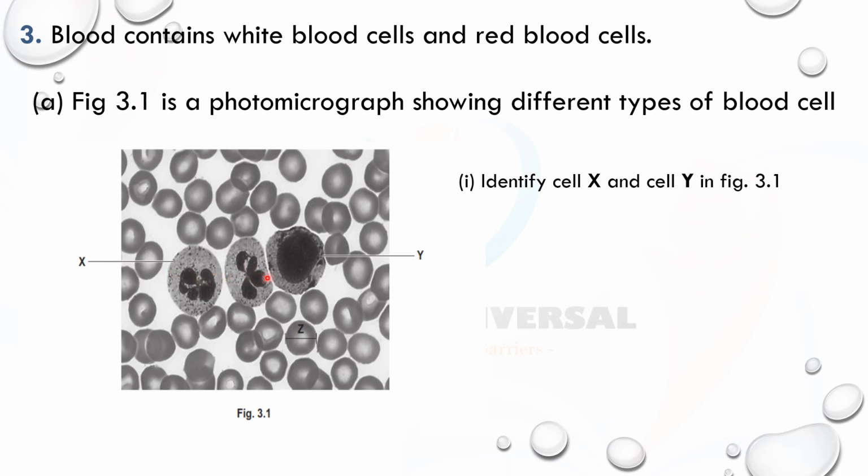Now, if you look at Y, it looks like a monocyte. The mature one is called macrophage. Why? Number one is that the nucleus is kidney shaped or bean shaped. Now, it could be confusing. This macrophage or monocyte, the first thing to look at is the nucleus, which is kidney shaped, or bean shaped.